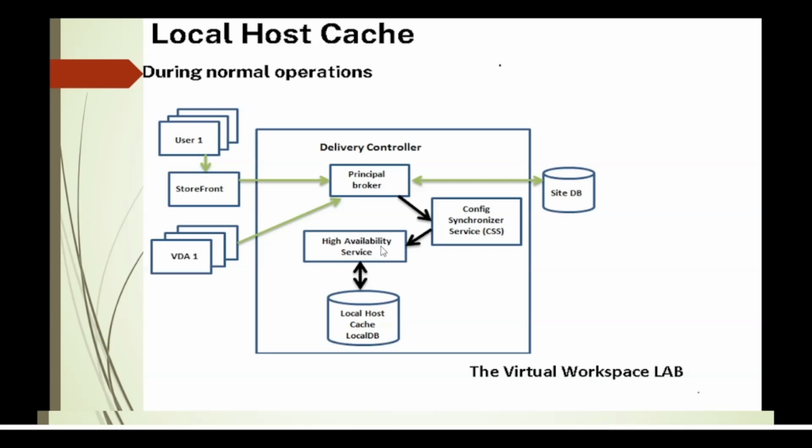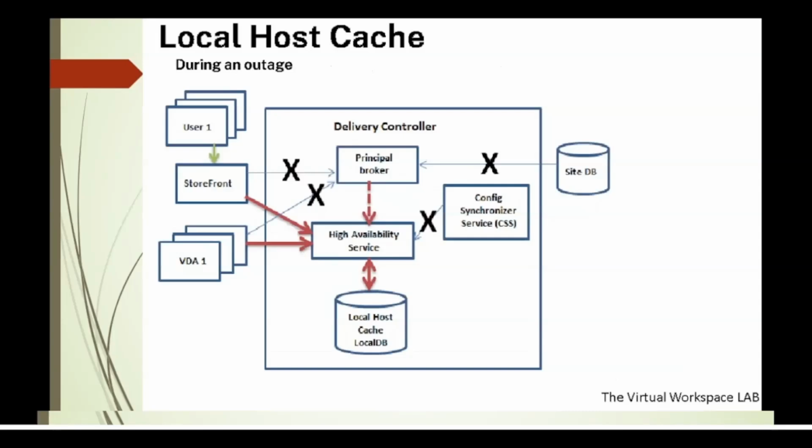The high availability service stores that information in the localhost cache on the delivery controller, and that localhost cache is created on each delivery controller. In this way, the localhost cache database is created, and the config service continues to synchronize with the site database, and if there are any new changes, they will be stored in the localhost cache. So now we understand how the localhost cache database is created.